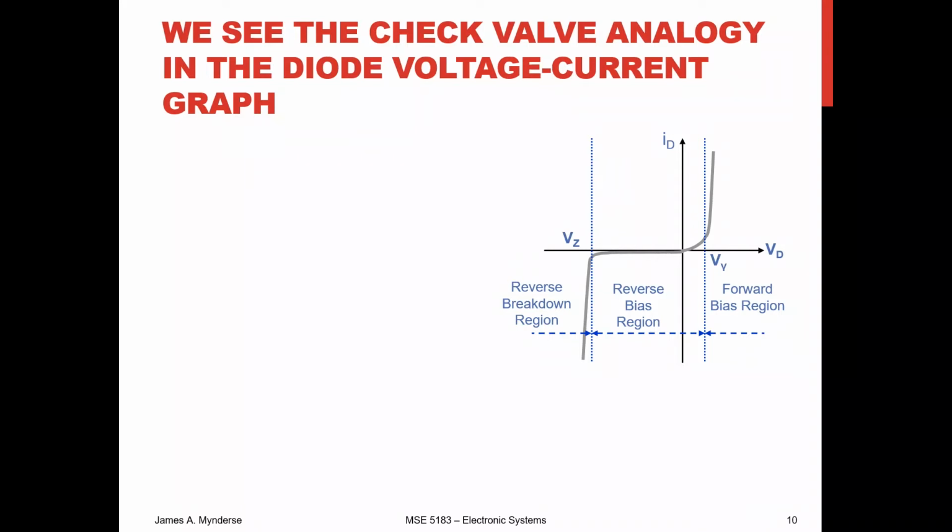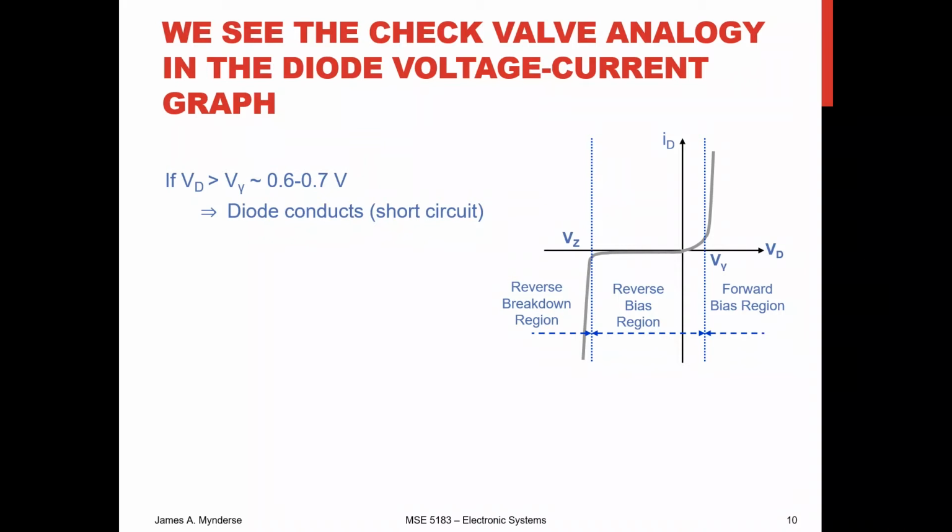We can certainly put in some numeric restrictions here. If VD is greater than VY, then we're operating in the part that we call the forward bias region. In that case, a little bit of voltage change corresponds to a lot of current change, and so we think of that as being nearly a short circuit.